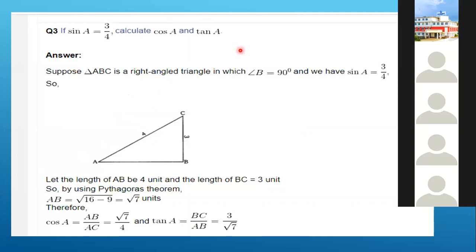Those who have finished, please type in the chat box. Which question? 5th one? Okay, ma'am.